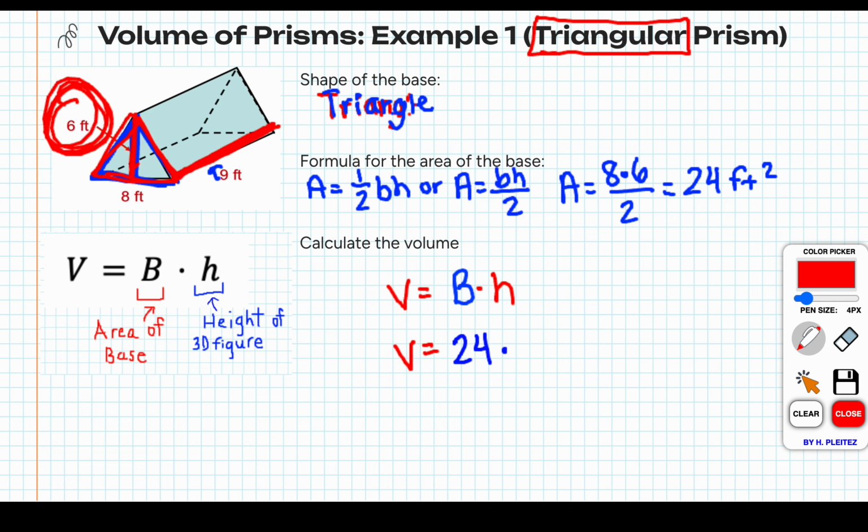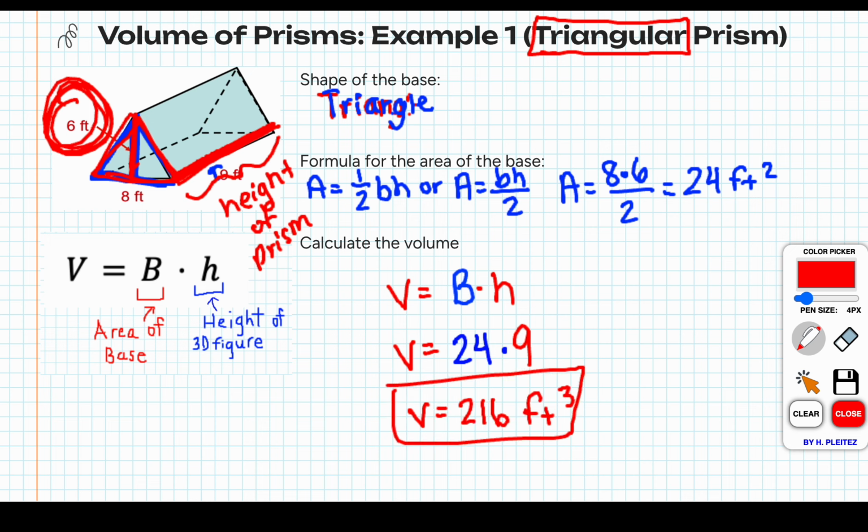The height of your prism is here. We're stacking these triangles all on top and on top and on top of each other, and this value here, this is the height of your prism. So be extra careful. Do not mix up the height of your triangle with the height of your prism. The height of your prism is 9. So when we actually do this calculation, we get that the volume of our triangular prism here is 216, and our units are cubed, so feet cubed, and that is our volume there.